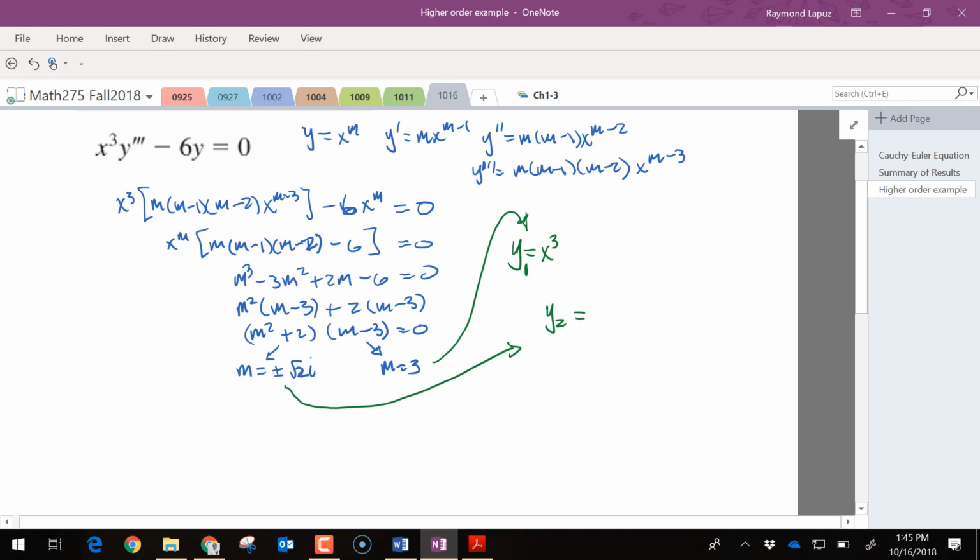So y2 is going to be cosine, and then the constant is square root of 2, and then ln x, and y3 is equal to sine square root of 2 ln x. So a linear combination of all these fundamental solutions that are linearly independent is going to be your final answer.